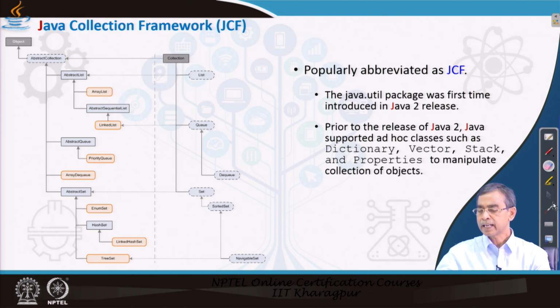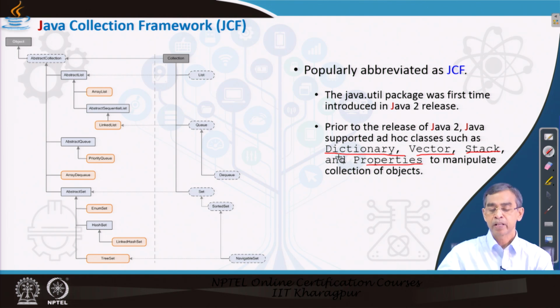Actually, the idea is that the earlier collection supports, those are called the dictionary class, vector class, stack class and properties, whatever it is. These are basically the prior implementation of data structure facilities.